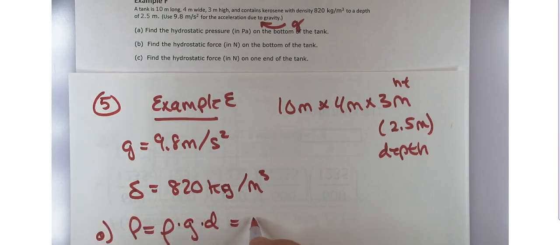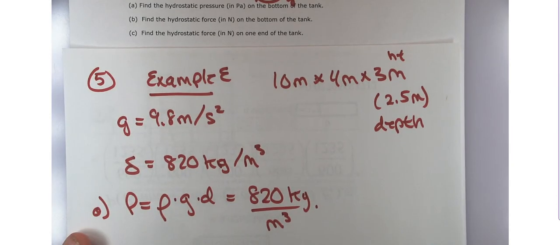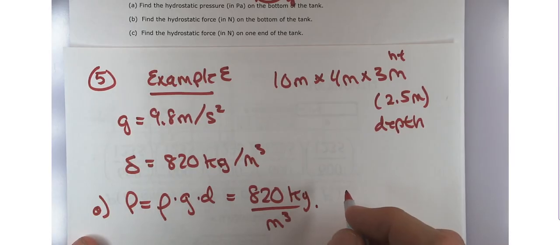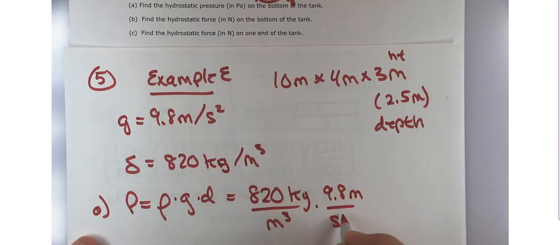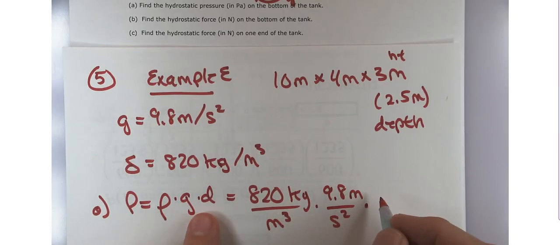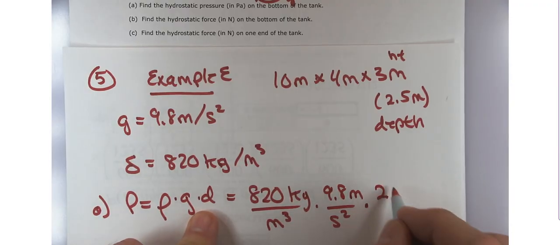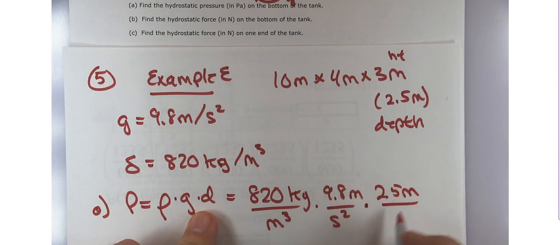So it's going to be our 820 kilograms per meter cubed times 9.8 meters per second squared, times the depth, and the depth is 2.5 meters, over 1.